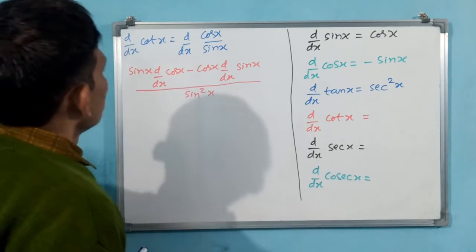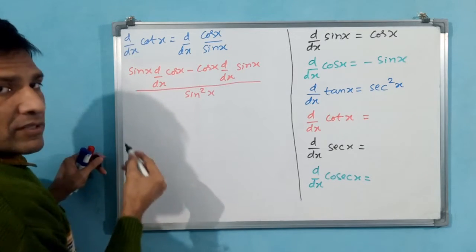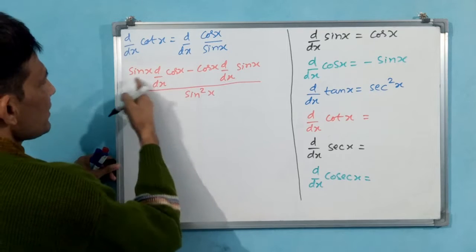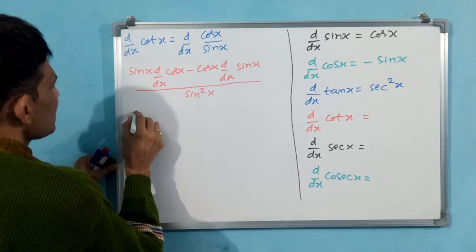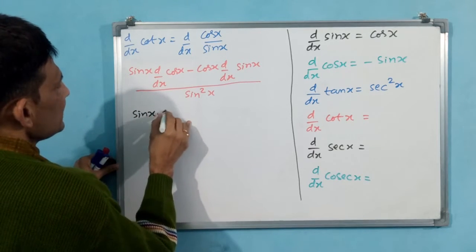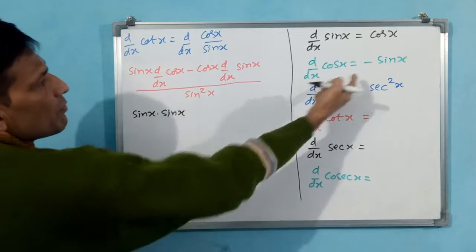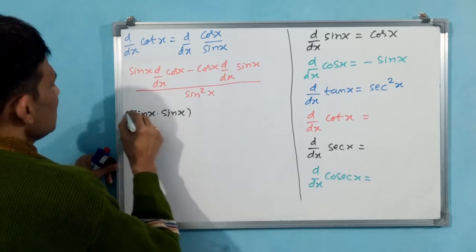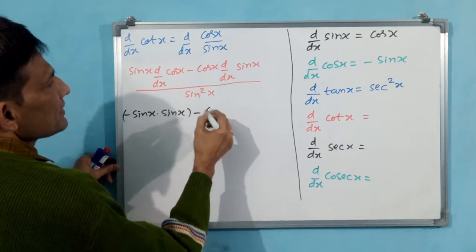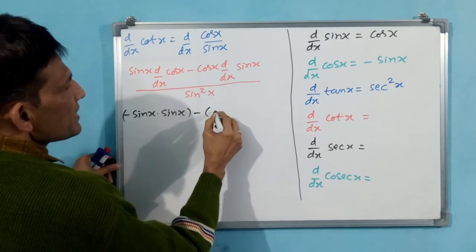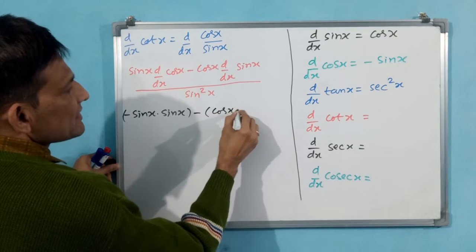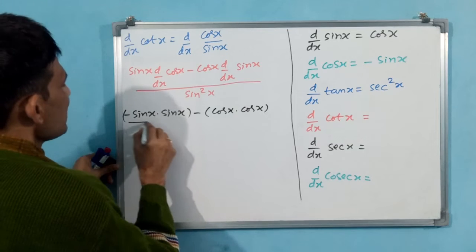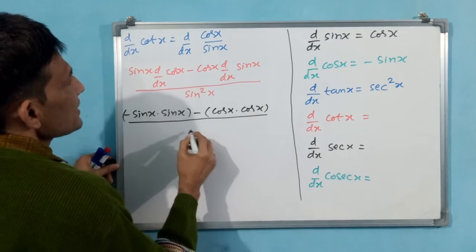Now you see d by dx cos x is minus sin x. That means this is going to become minus sin square x. Even then I am writing another step: sin x into sin x, but this is minus sin x, that is why I am keeping this minus here. Minus, d by dx sin x is cos x, divided by sin square x.